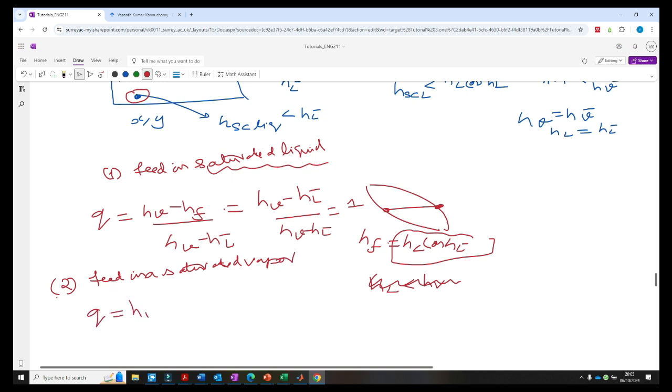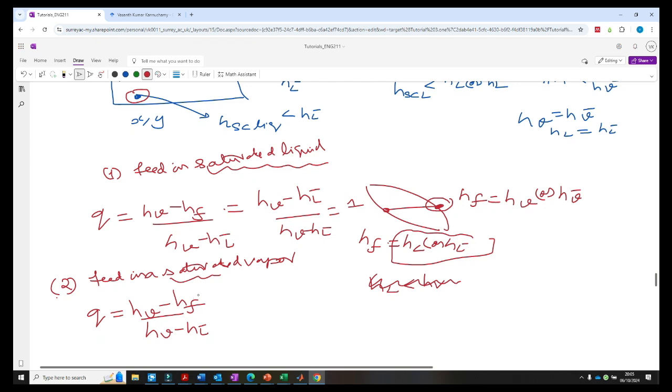So Q is equal to HV minus HF over HV minus HL dash. What I say is your feed stream is a saturated vapor, which means HF should be equal to the enthalpy of the saturated vapor, H suffix V or HV dash.